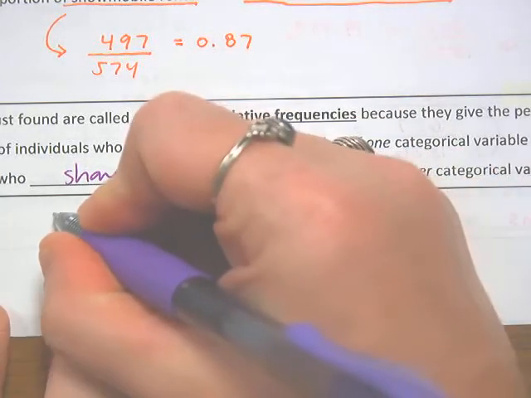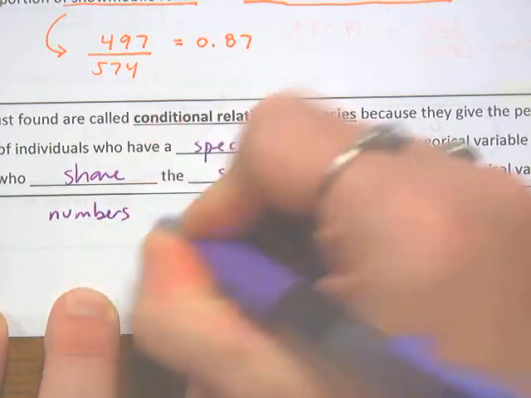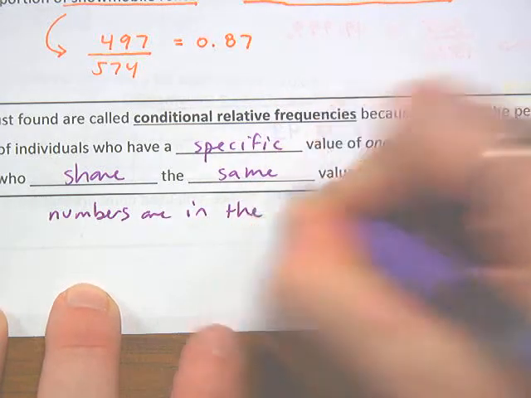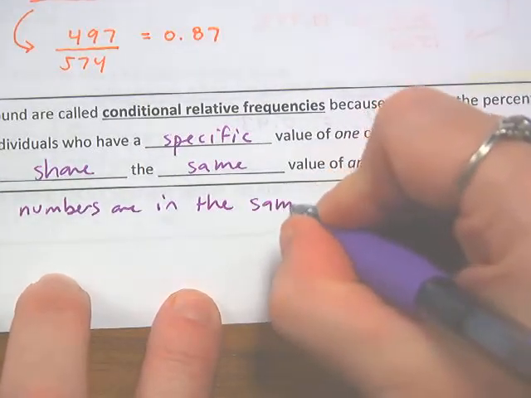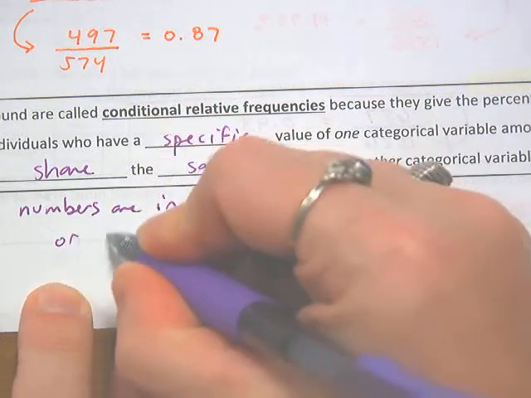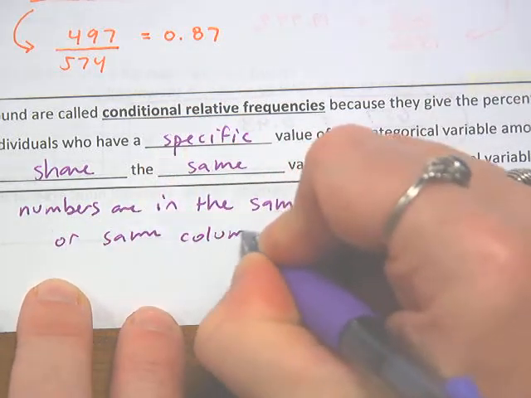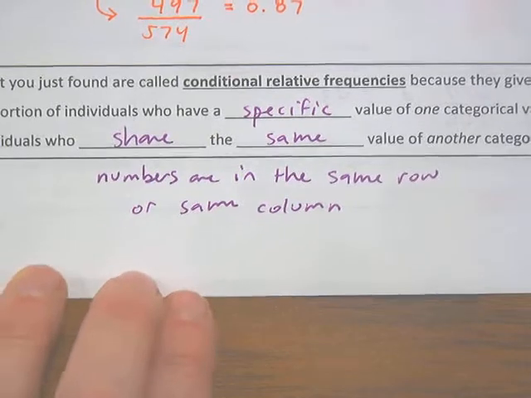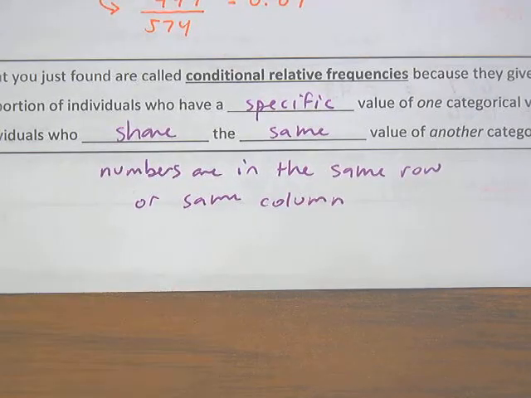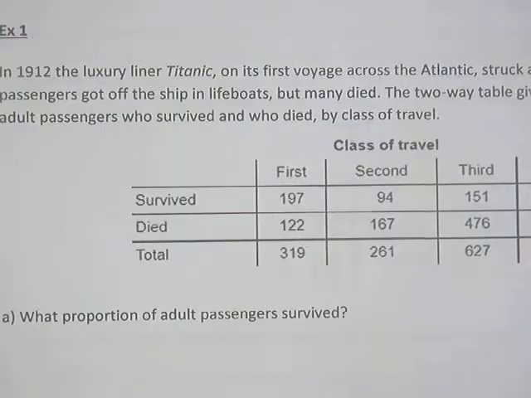If you find that the numbers in the fraction that you built are in the same row or the same column, that's how you are going to know that it's conditional relative frequency. And we're just going to practice this, that's basically the rest of the notes. There's really only one more thing that I'll end up showing you that's new as we turn the page here.